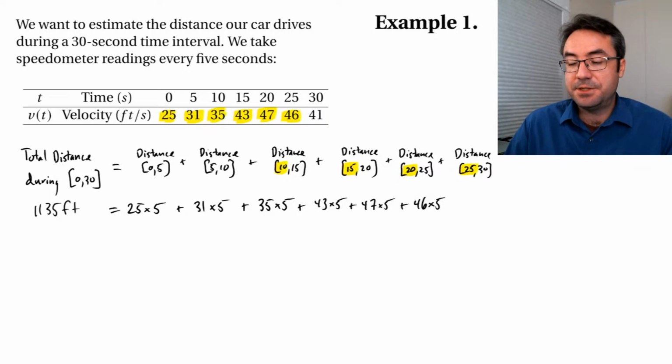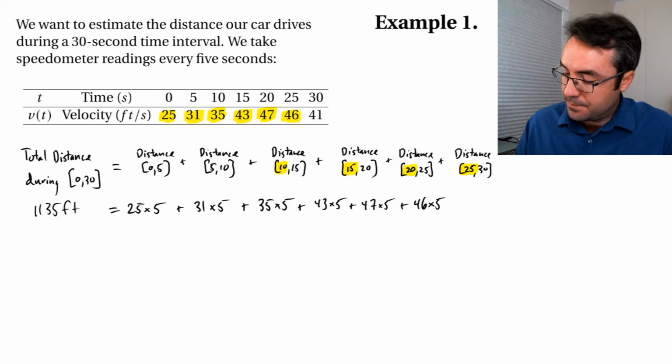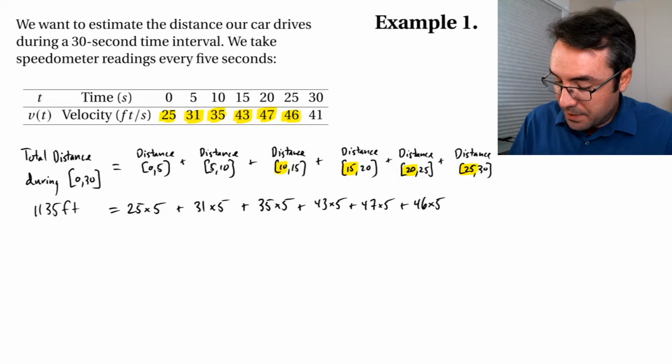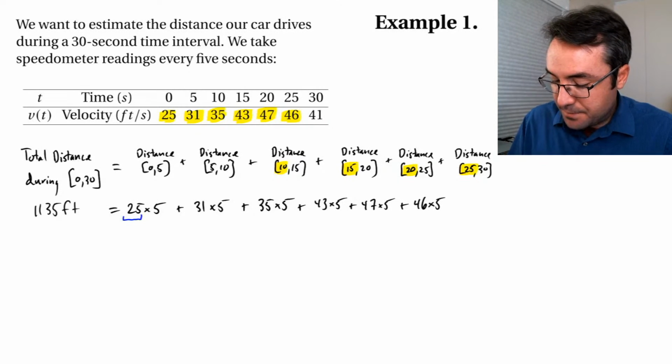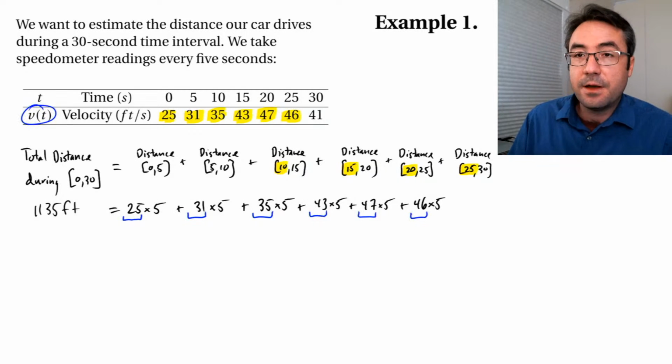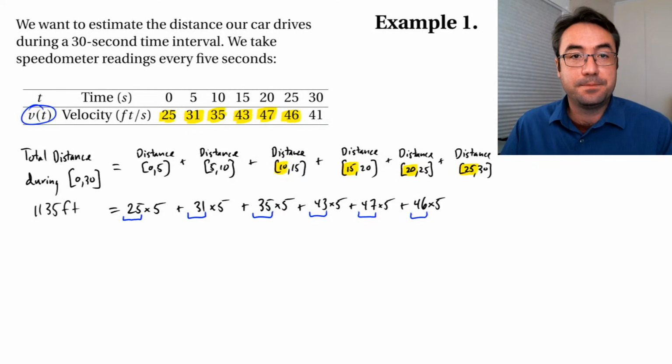Now, we want to be able to simplify this notation down a little bit, and we want to be able to write it in function notation. So when we look at this 25 and this 31 and this 35 and so on, these velocity readings are really our function values.